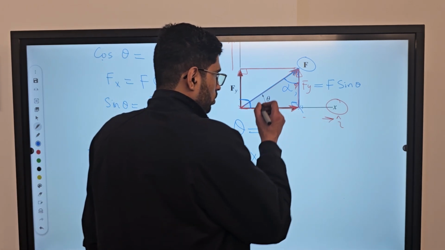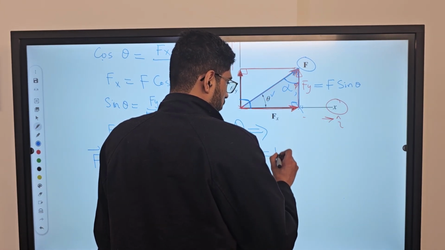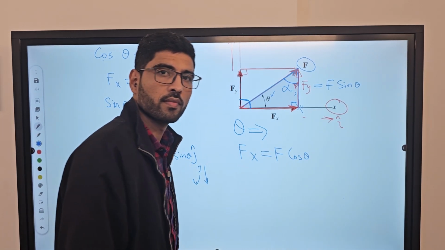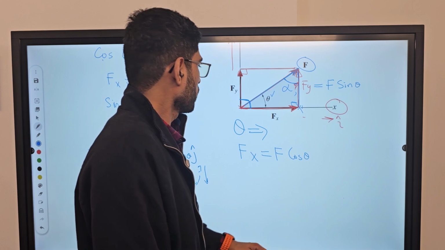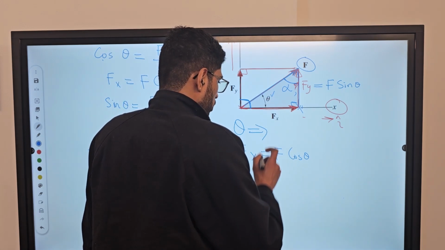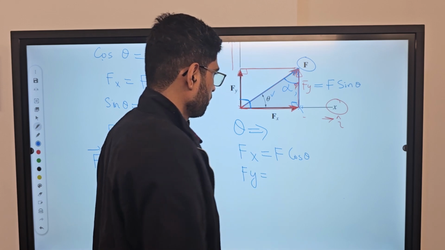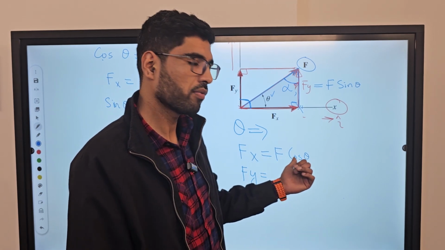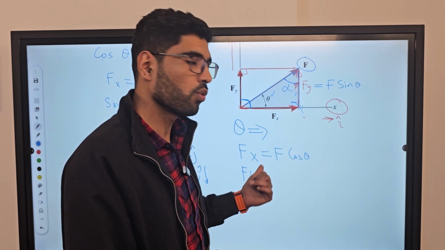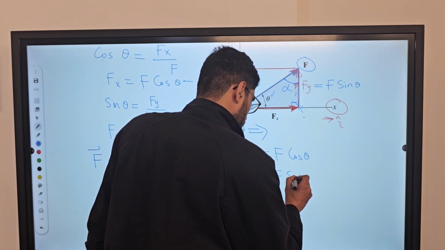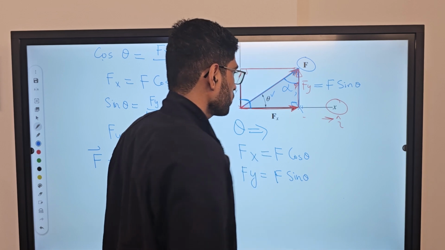For this theta, f of x is f cos of theta. And if f of x is f cos of theta, then obviously f of y will be f sine of theta.